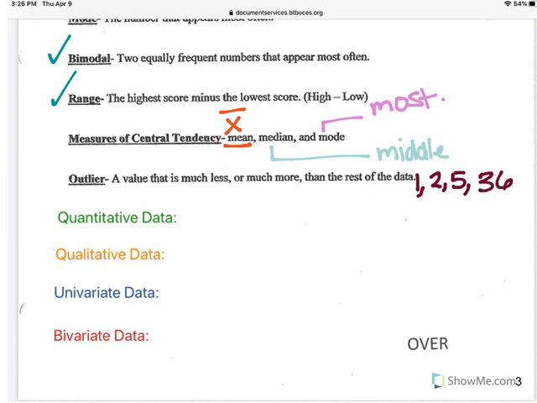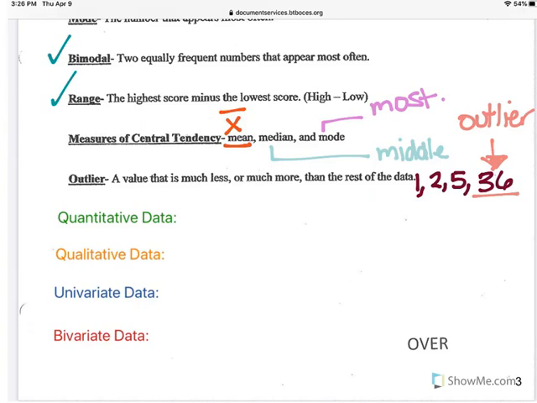Then 36 is a number that is just too high. It doesn't quite belong with the rest of the data, and that would be what we would call an outlier. Now, when we get into more specifics, there is a mathematical test that we'll learn, but for now, we're just going to use logic, and if a number is either too low or too high compared to the rest of the numbers in the list, we're going to call it an outlier.